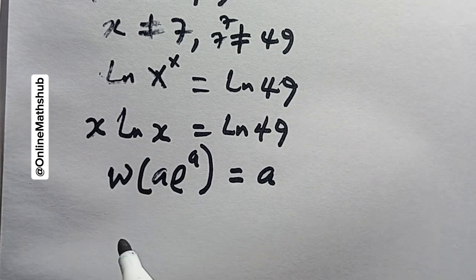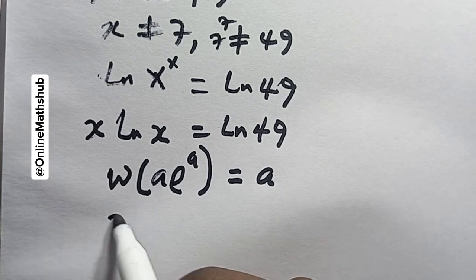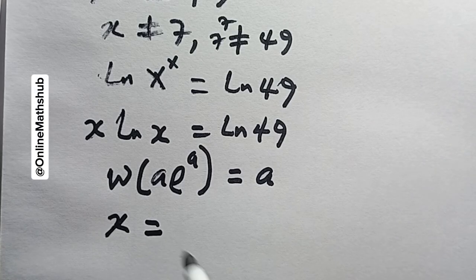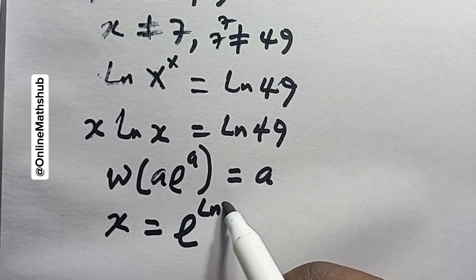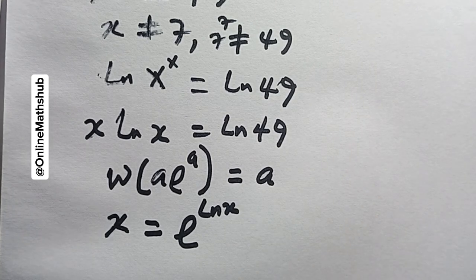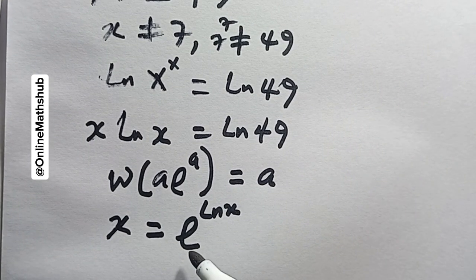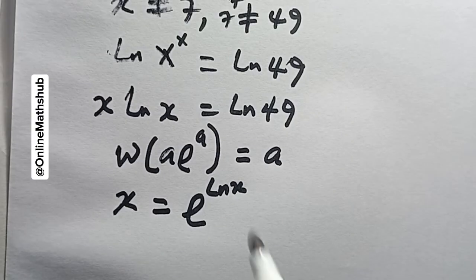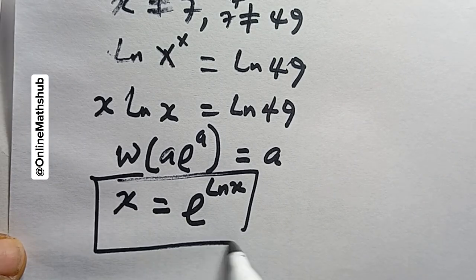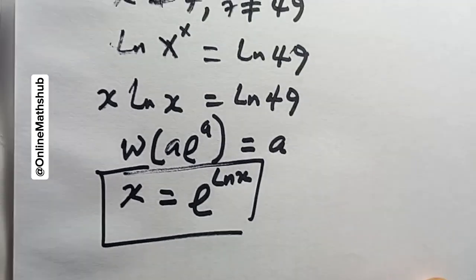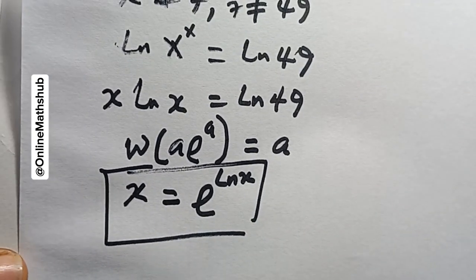How we do that is just to set our x to be equal to exponential natural log of x, which basically is still the same thing as x, because exponential of natural log is 1, and 1 times x is the same as x. So I'm going to use this to replace x in the equation.